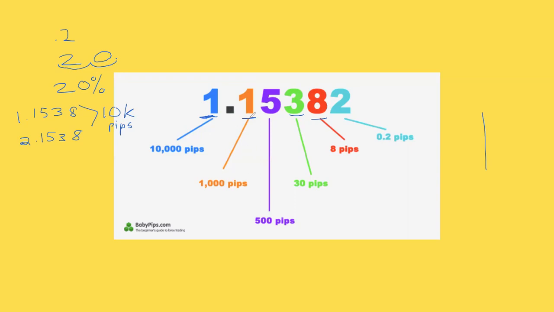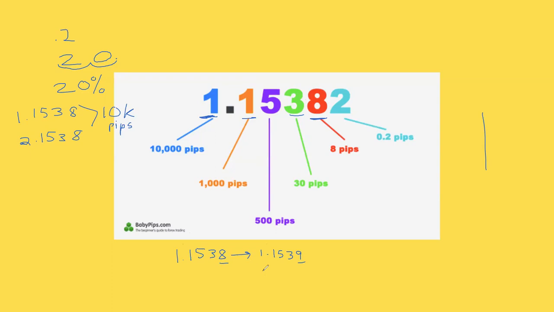Okay, cool. So 1 pip is way over here. This 1 pip move would be just from 1538. So if this moved from 1.1538, and over a minute or 5 minutes goes by and now the price is 1.1539, that's just the 1 pip difference.